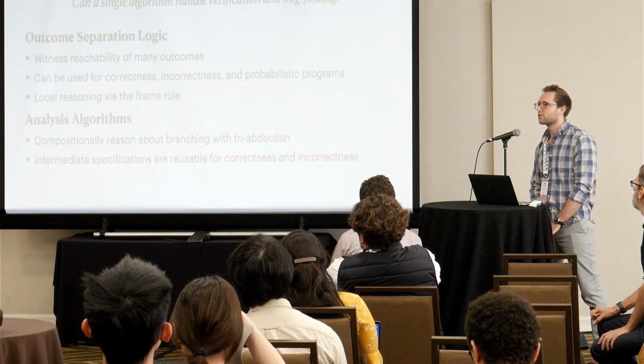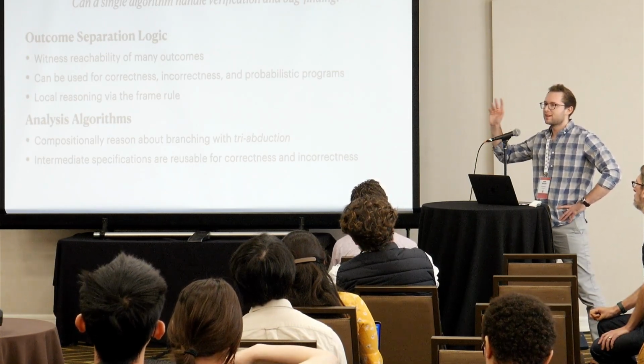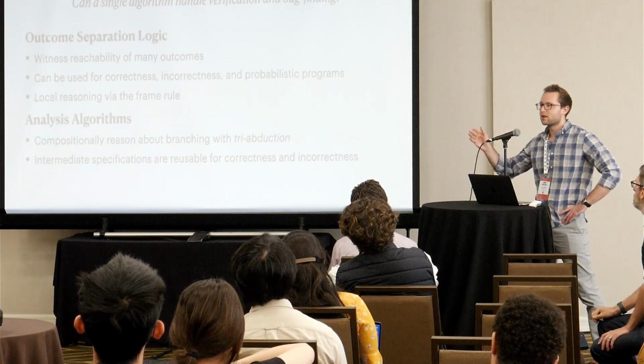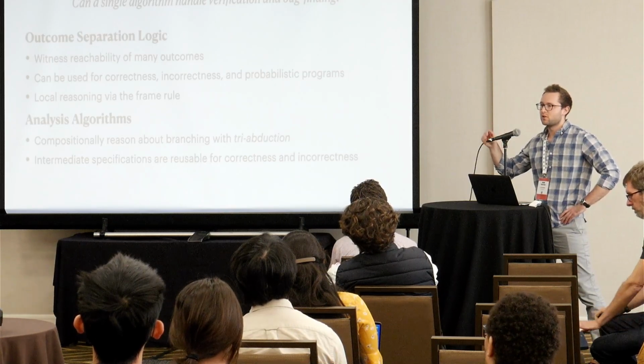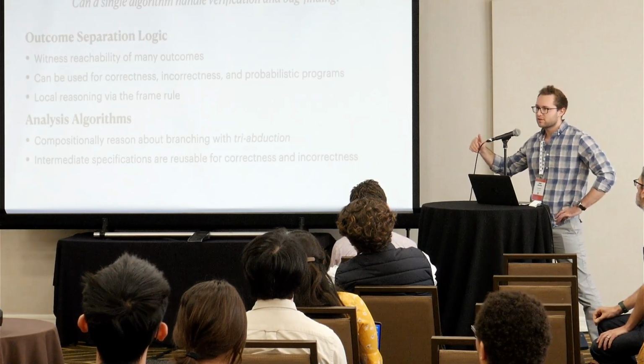Yeah, so first of all, under-approximation can mean several different things. In the incorrectness logic literature, what they mean is that in Hoare logic, the postcondition over-approximates the strongest post, and in incorrectness logic, it under-approximates the strongest post.